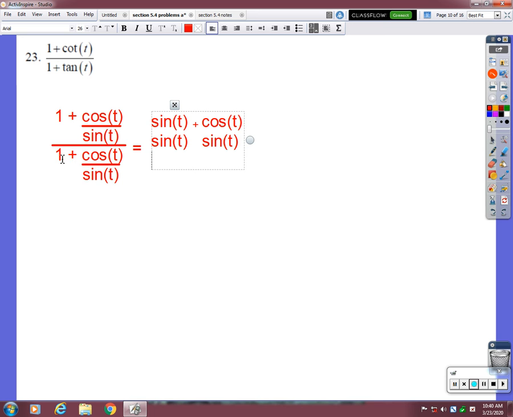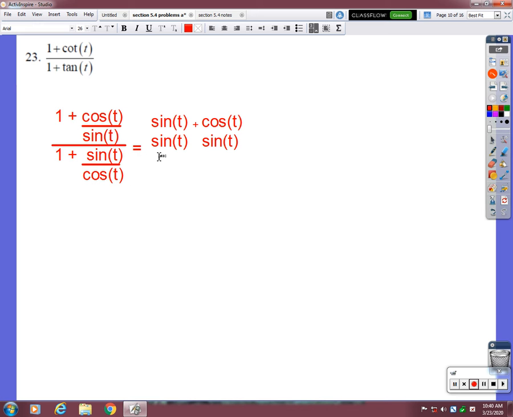Divided by, okay, this 1 right here is going to become, since I want a common denominator, oh, I did this wrong. Cotangent is cosine over sine, tangent is sine over cosine. That explains it. So this should be a cosine on the bottom, and that should be a sine on top. Okay.